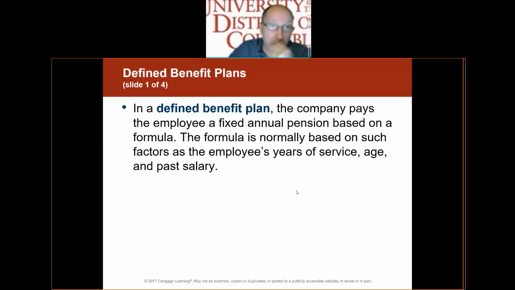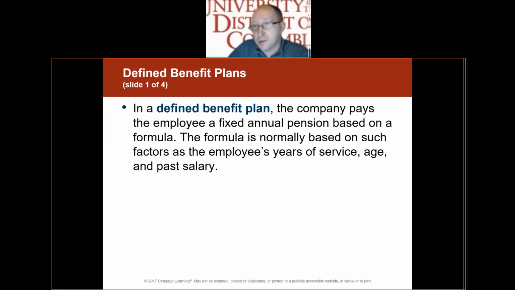Now, what about the other type of plan? We call this a defined benefit plan. This is where the company pays the employee a fixed annual pension based on a formula. It's typically based on the number of years of service, how old you are, and what your past salary has been. That's the formula.